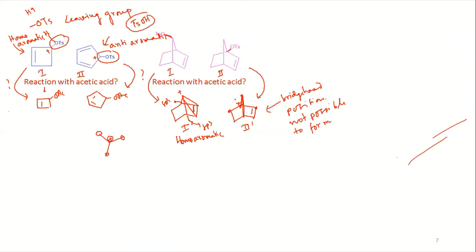To become planar, it has to come like this. So that's why the planarity is not easily accessible. The bridgehead position is not possible to form. So this is not going to react. The acetic acid reaction is not going to happen here. Here it will happen. Got it?